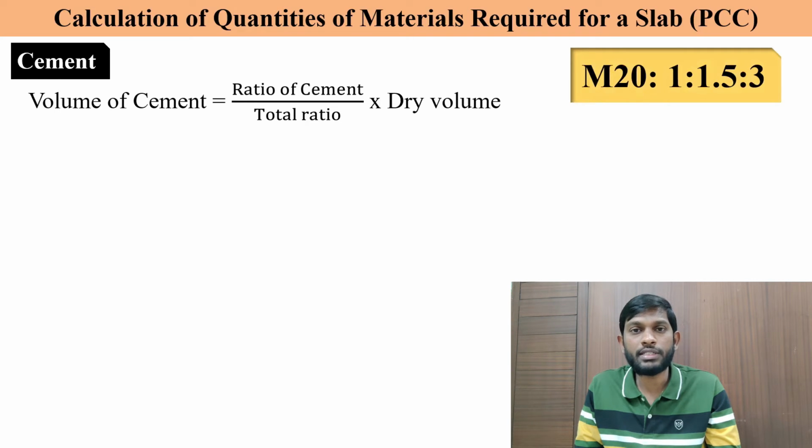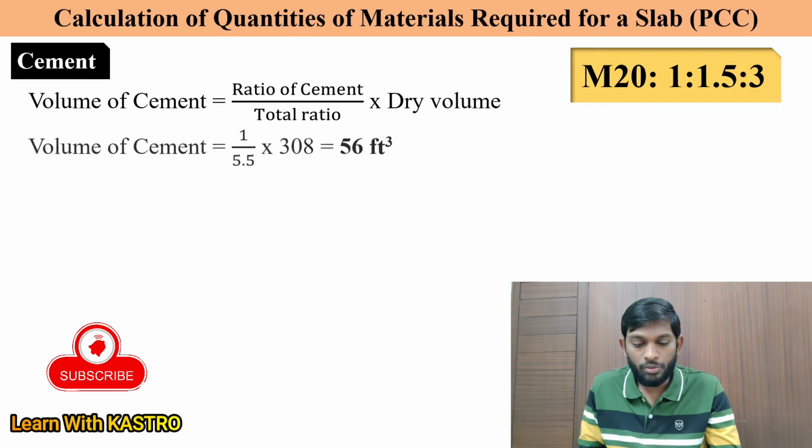Total ratio is the sum of 1 plus 1.5 plus 3, that is part of cement plus part of fine aggregate plus part of coarse aggregate. So we are going to get the total ratio as 5.5. Therefore volume of cement equals ratio of cement is 1, total ratio is 5.5 and the dry volume which we have calculated is 308. Therefore the total volume of cement equals 56 cubic feet.